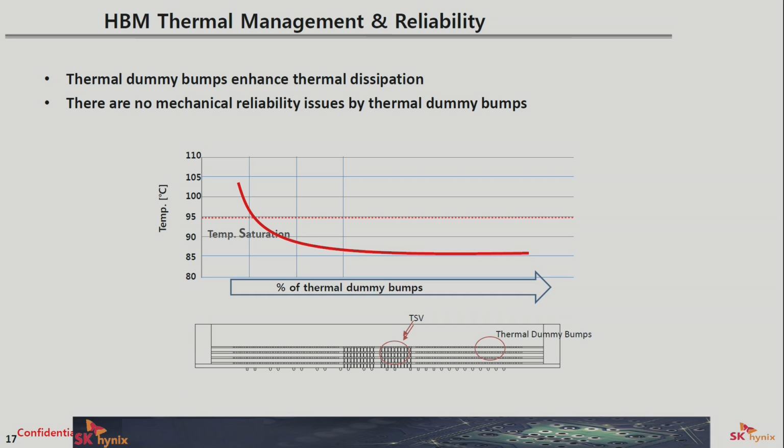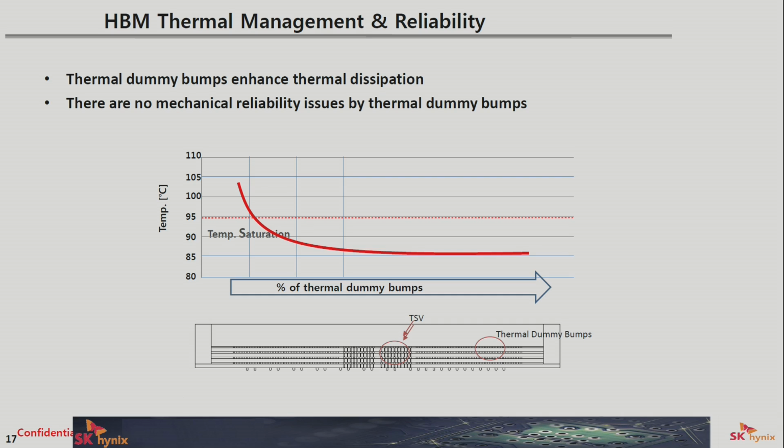Studies have shown us that adding thermal dummy bumps between the base die and the core die up to the top die will help to draw the heat, if you will, from the base die to the top die, and then subsequently allows that heat to be dissipated by heat sinks, the package heat sink.